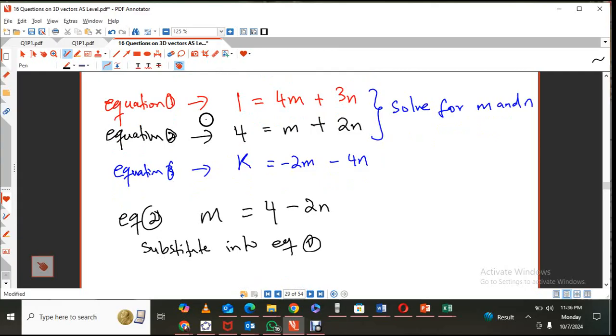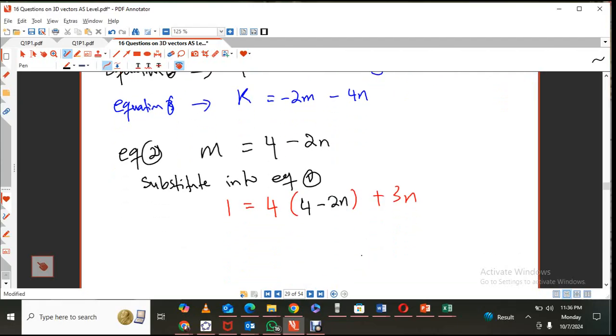So that means it's going to be 1 equals 4 plus 3n. Now I'm going to substitute 4 minus 2n over here. This is going to allow me to find the value of n.